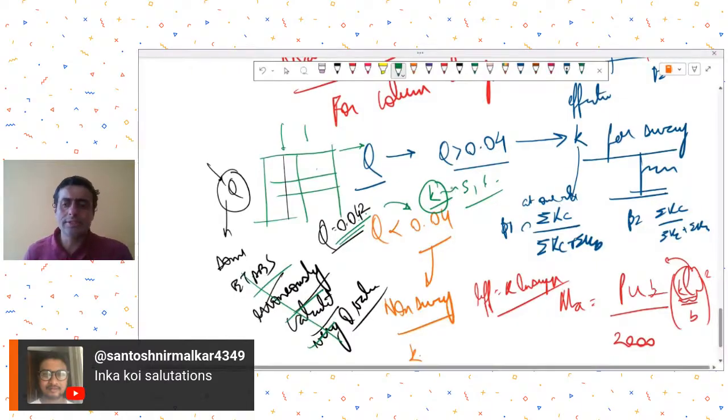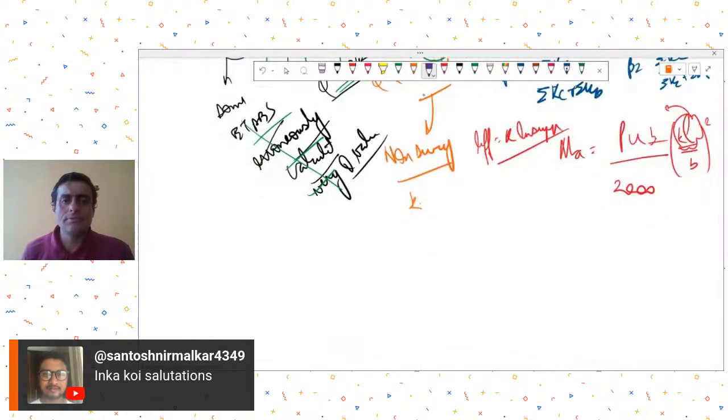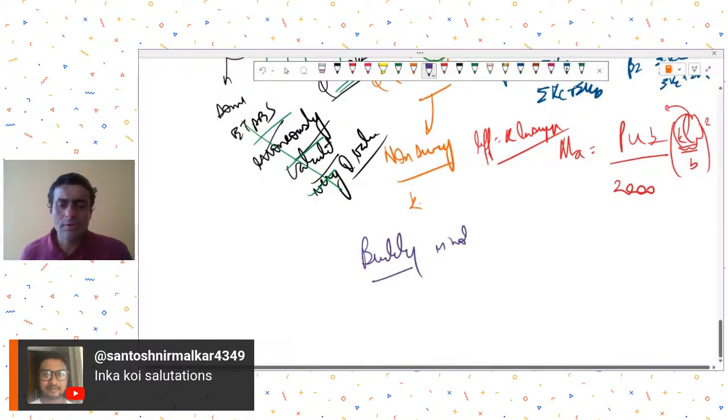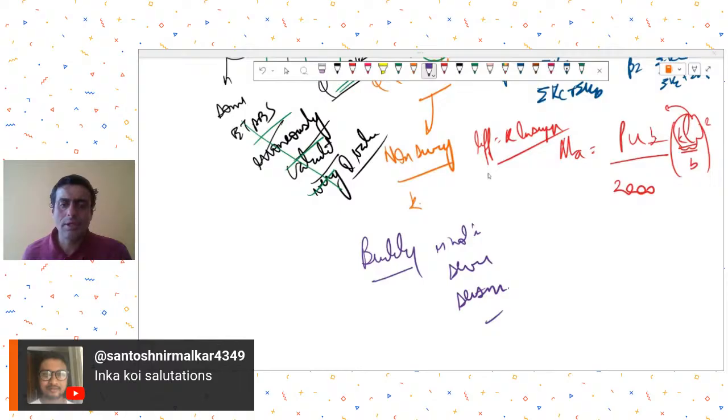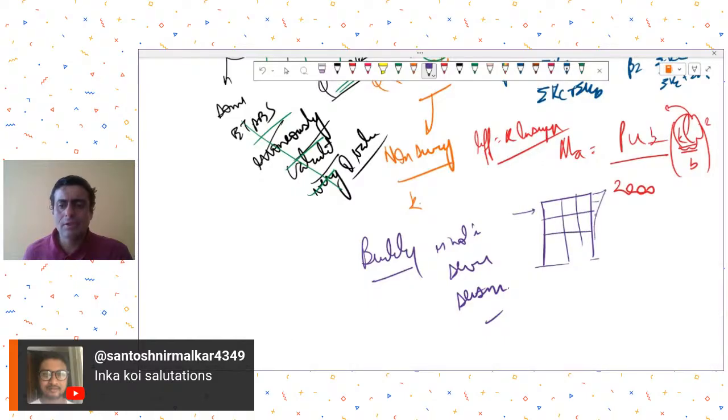So solution is, you take a decision as a structural engineer, and let's say if your building is not in a very severe seismic zone, okay, let's say zone 2, and not a very tall building, so it's not very crucial, and because the zone is less, you also don't expect a lot of lateral sways, and if there's not much lateral sway, the effective length calculation is not very important, I would say.